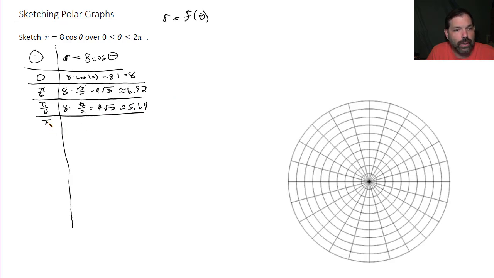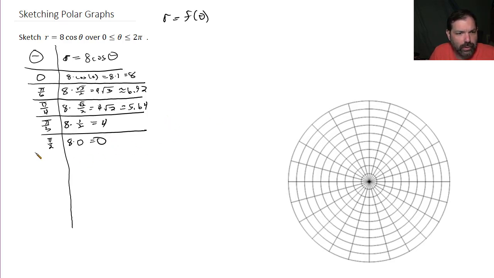Pi over 3: I'd have 8 times the cosine of pi over 3, 8 times 1/2. That's exactly 4. And pi over 2, the cosine of pi over 2 is 0. So that's 0. So let's see what we've got so far.